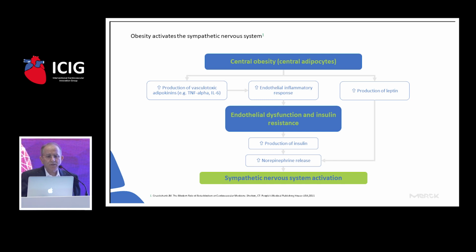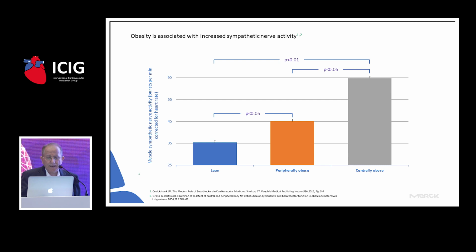So obesity is associated with increased sympathetic nerve activity, particularly when there is central obesity as compared with peripheral obesity.